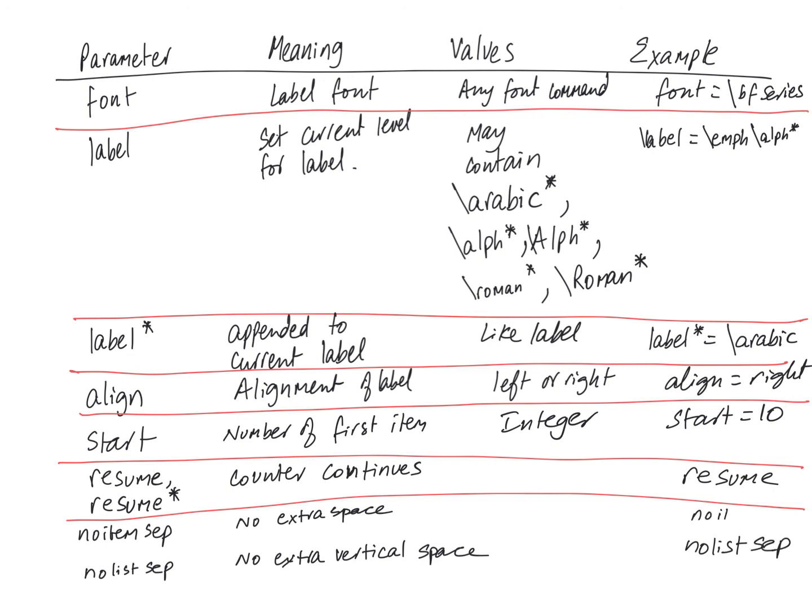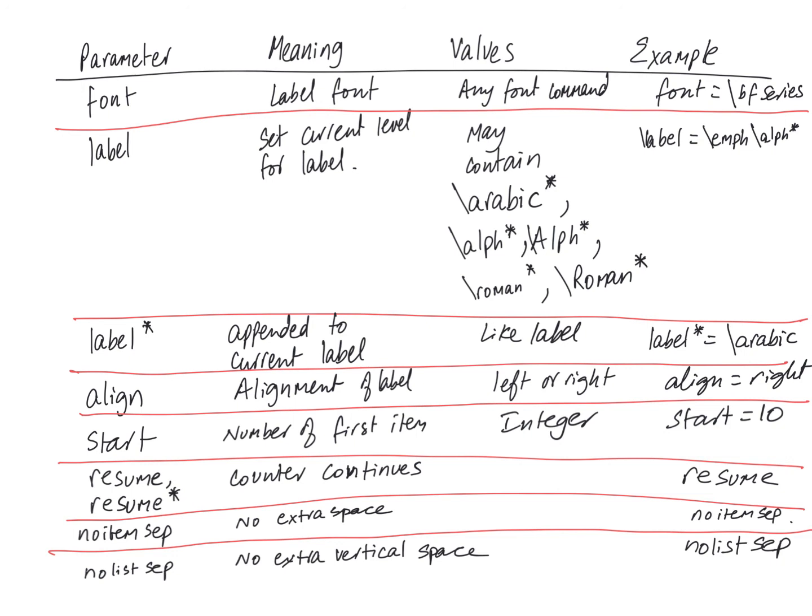Here, this could be no item separation. So this would be a good sheet of paper to use or to play around with, to change the settings, right? And we tried a few over here, right?